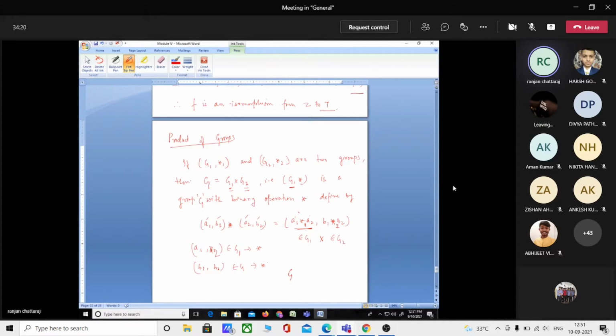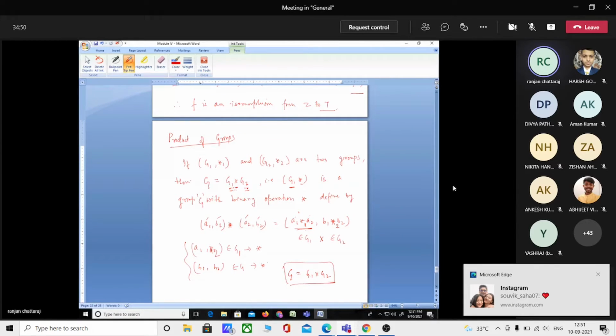So you see here how we define G: G is defined as G1 cross G2. Just keep it in mind. G1 cross G2 means G1 has a single element and G2 also has a single element. But when you consider this, this is the product sign.